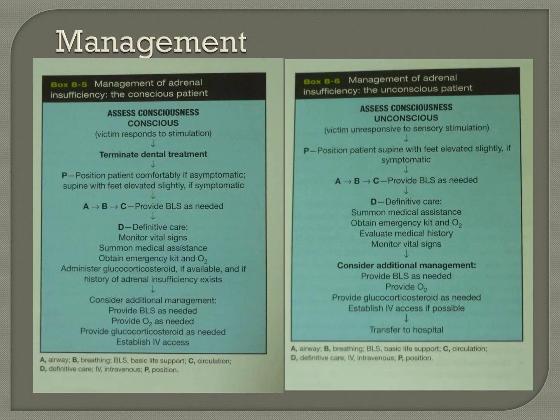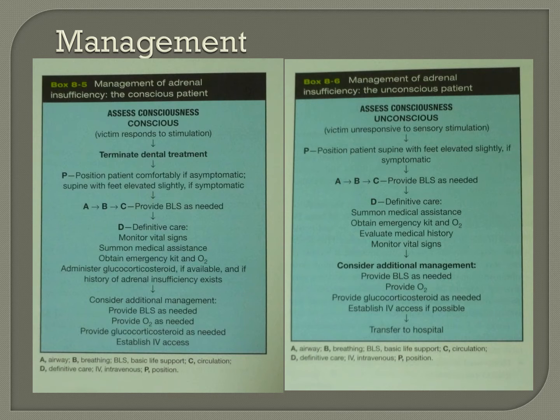So what management will we do if the patient is conscious? First, assess the patient, terminate all the dental procedure, and position the patient comfortably, or supine with the feet elevated slightly if asymptomatic. Then check the airway, breathing, circulation. If BLS is needed, give BLS and monitor all the vital signs.